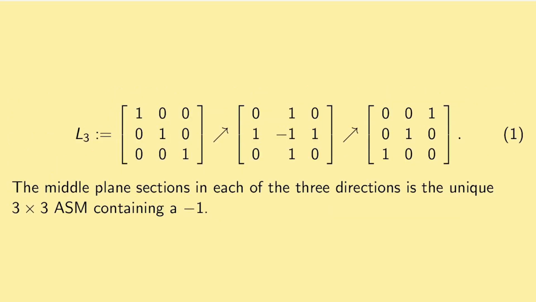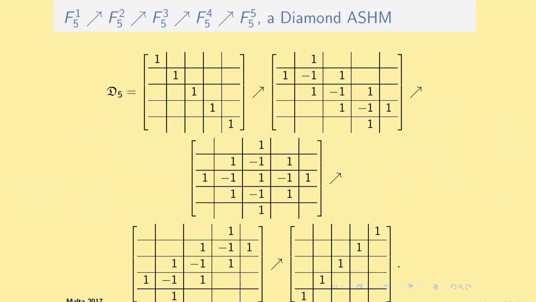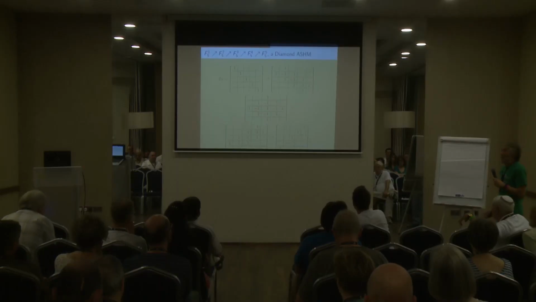All right, so here's an example, okay? There's my nice 3 by 3 alternating sign matrix, and you could check that is an alternating sign hypermatrix of order 3, okay? The middle plane section, in fact, no matter which way you look at it, is going to be that unique 3 by 3 alternating sign matrix there, okay? Here's another example, which is sort of the generalization of the diamond ASM to the diamond ASHM, okay? Looking like as you see there. I'm not going to describe that other than to say, well, there's a nice alternating sign hypermatrix of order 5, which can be generalized.